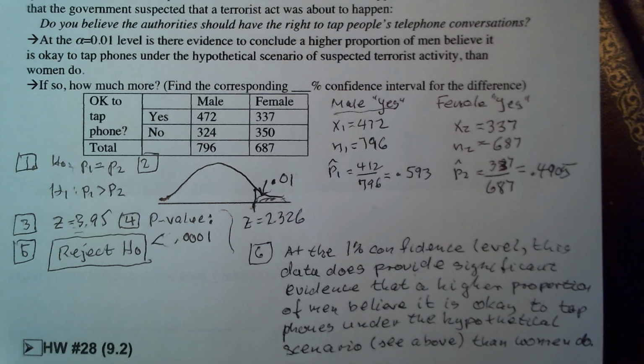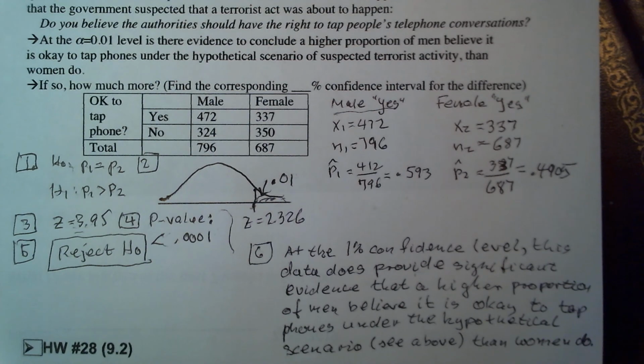So our conclusion is then that at the 1% level, this data does provide significant evidence that a higher proportion of men believe it is okay to tap phones under the hypothetical scenario about the terrorists than women do. So that's our conclusion.